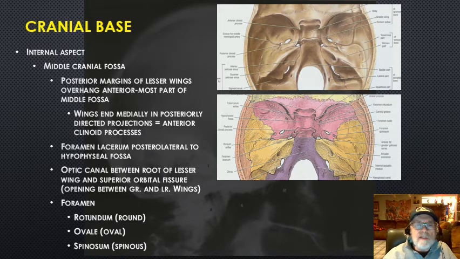And we've talked about this before. We have the foramen lacerum, okay? And when we talked about the carotid artery, the internal carotid is going to come up, and you can see here's the foramen lacerum right here.